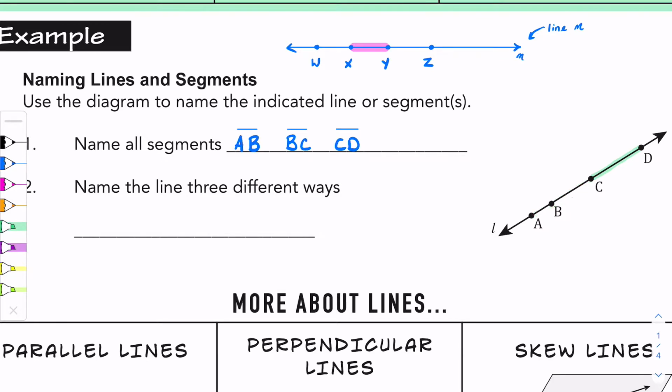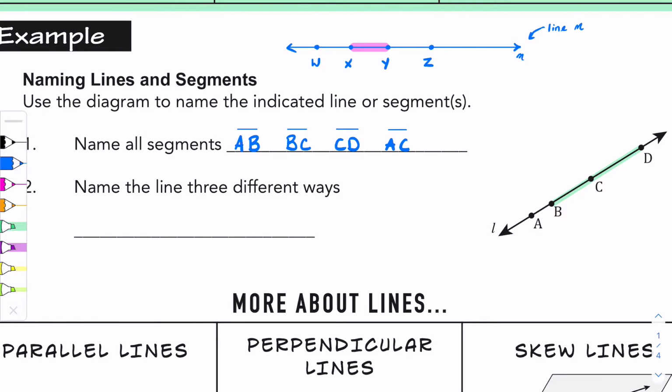After I label my 3 individual segments, I'm going to continue by looking at larger segments, so maybe segments that include 3 points. Of course, you still name them with 2, but containing 3 points, I have a segment between A, B, and C. We will only label that as AC. You only label with your 2 endpoints. For the next segment that involves 3 points, we could have points B, C, and D falling within a line segment.